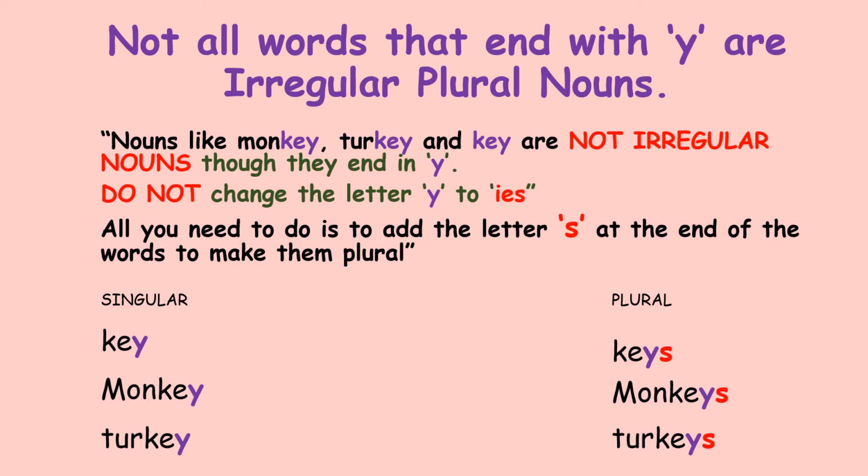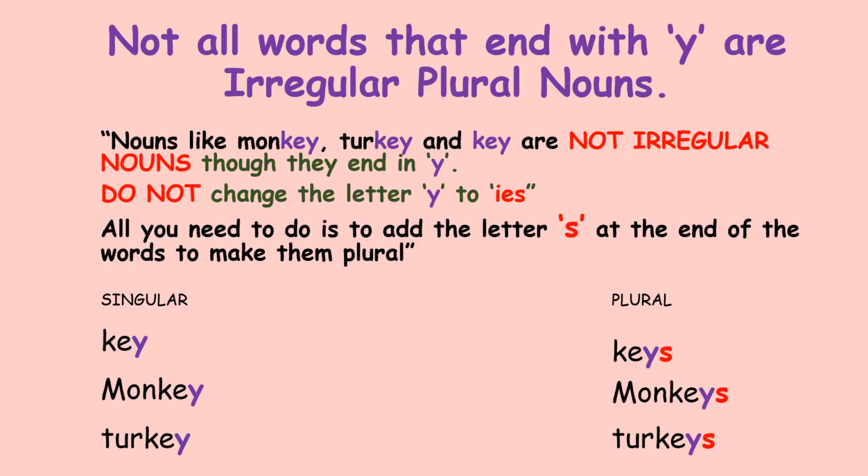Okay, if you remember, I've explained to you that whenever you see nouns that end with the letter Y, to make it plural, what you need to do is to take away the letter Y and change it to IES.